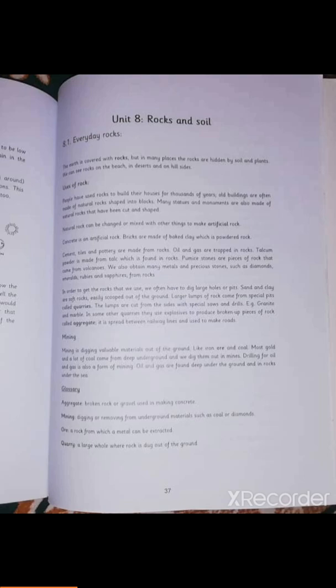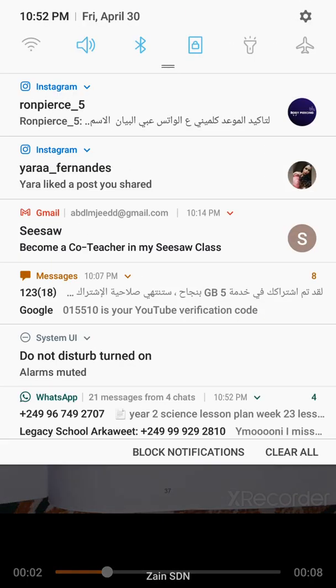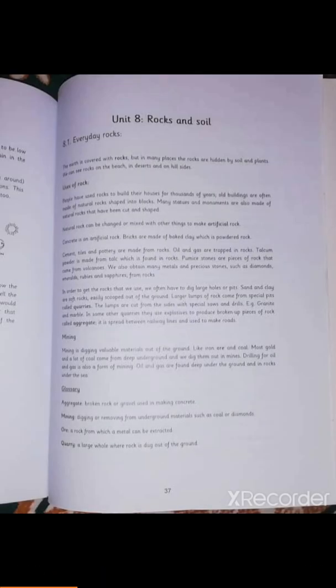The lumps are cut from the sides with special saws and drills. Example, granite and marble. In some other quarries, they use explosives to produce broken up pieces of rocks called aggregate.